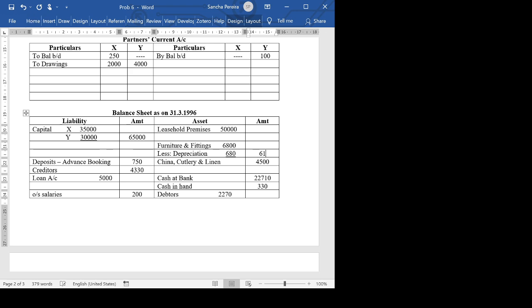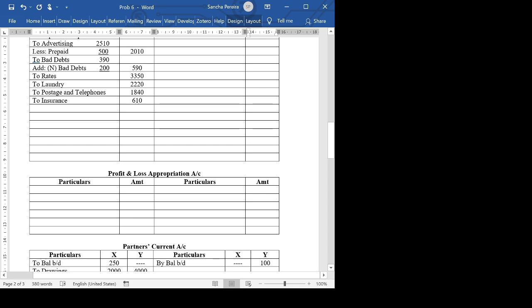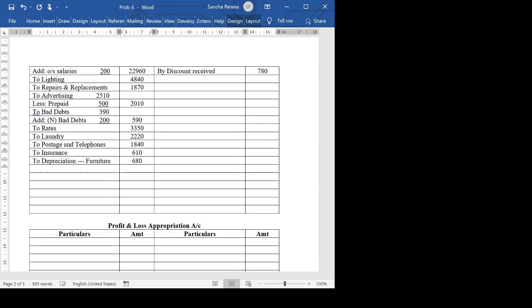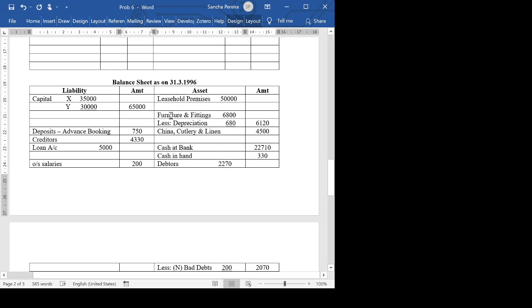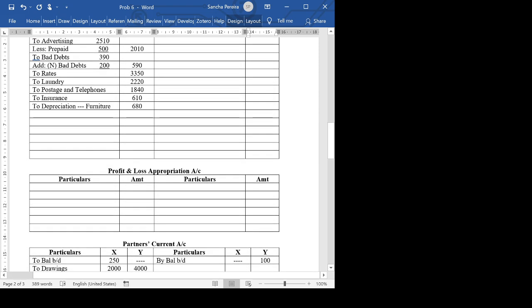We also show the depreciation in the P&L account. To depreciation on furniture 680. Then there's depreciation on leasehold premises of 8,000. That comes to 42,000 here. On premises, it is 8,000.